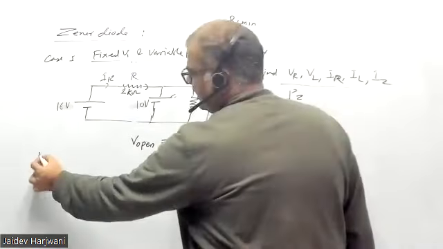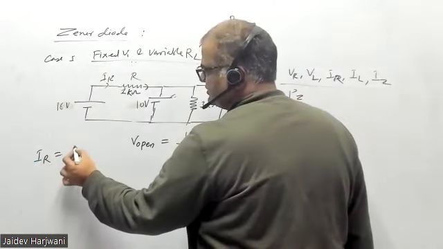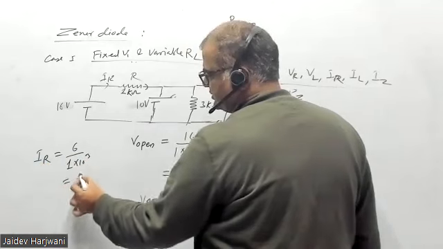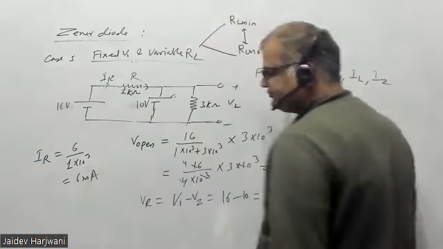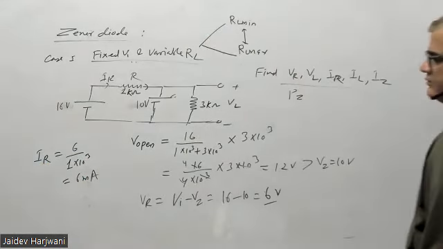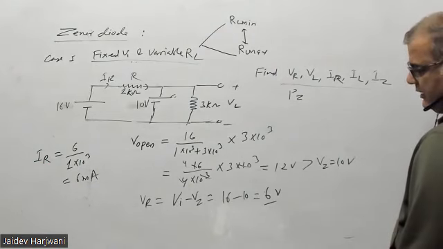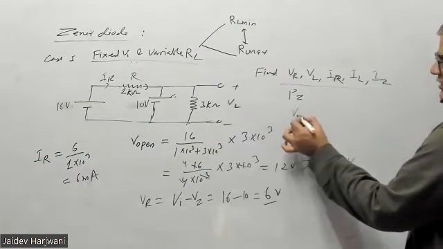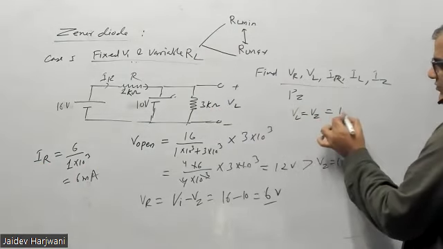So you can find IR. IR will be 6 volt divided by 1 kilo ohm, that is 6 milliampere. And here VL will be equal to Vz, that is 10 volt.